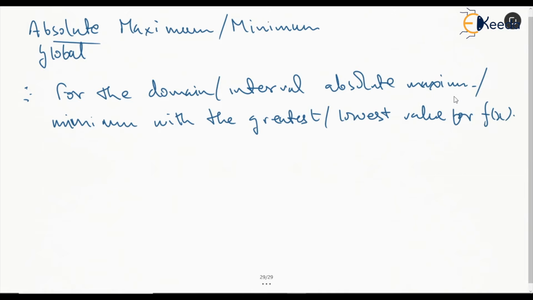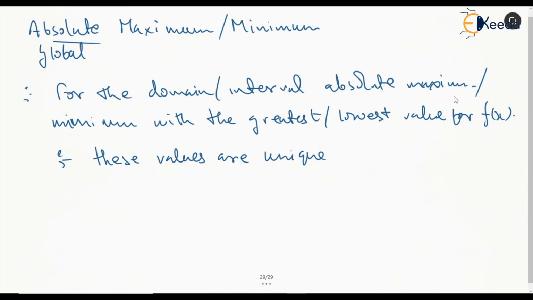So of course that means that these values are unique, right? There can be only one greatest value or one lowest value, right?